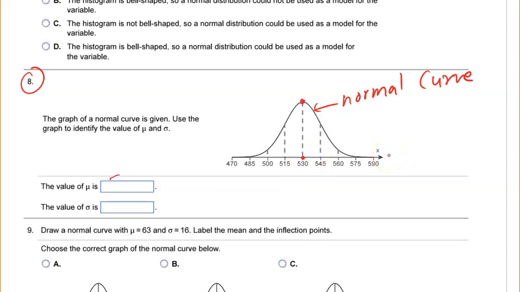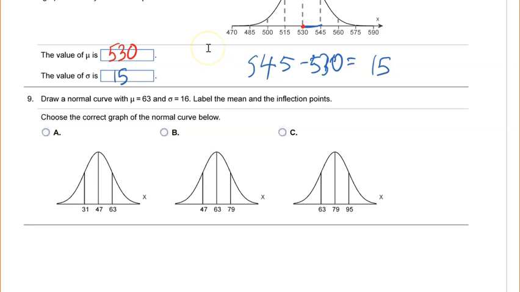Mu is 530. What's the standard deviation? The standard deviation is the difference between these two points, 545 minus 530, which gives you 15. Sigma is 15. Okay, that's the answer. Question 9.